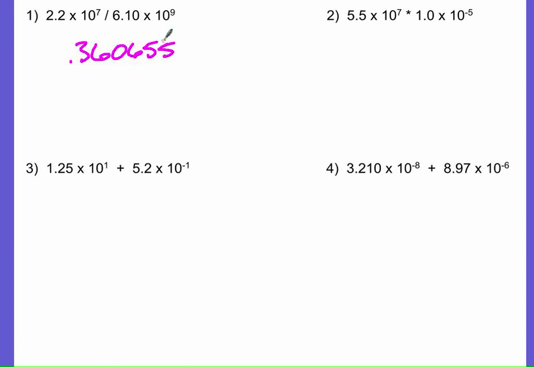But I'm only supposed to have a certain amount of sig figs in anything. And in this case, since 2.2 has 2 sig figs, I should round this answer to 2 sig figs. So I should be at 0.36.